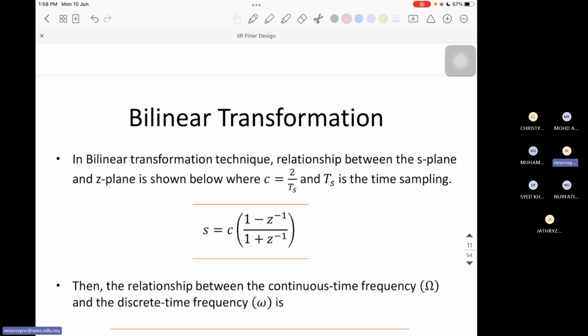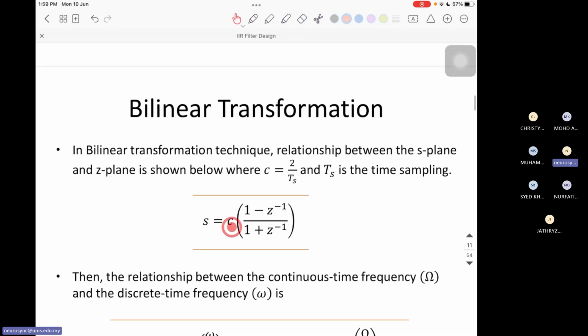What is this bilinear transformation? This is the relation we will have in case of bilinear transformation. The relation is S is equal to C into 1 minus Z inverse divided by 1 plus Z inverse.